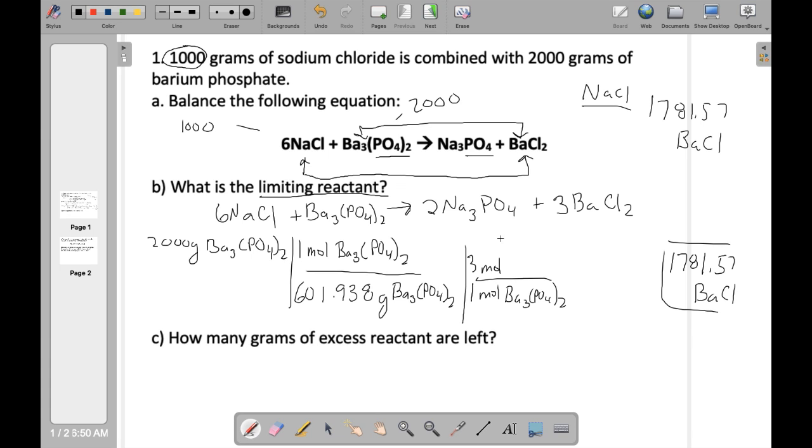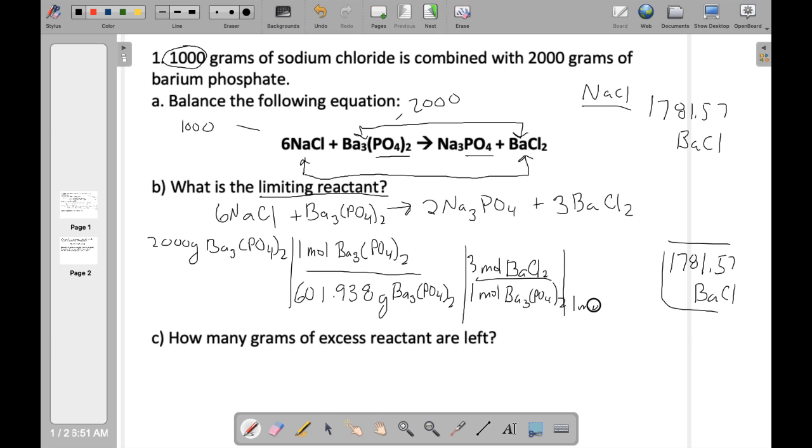For some reason, I've noticed students have the biggest problem with this step here. It doesn't seem very intuitive to them. Really what you're doing is just going from grams to moles. Then we have to convert it from moles of barium phosphate to moles of barium chloride. That's what this step is. Okay, now we got to go back to grams.